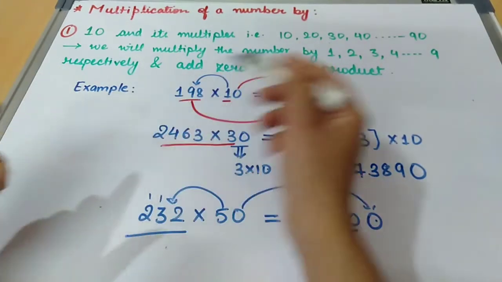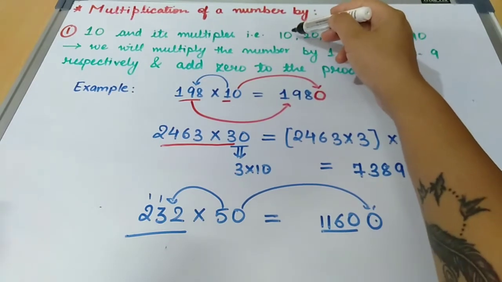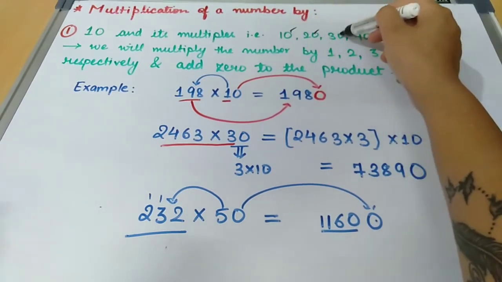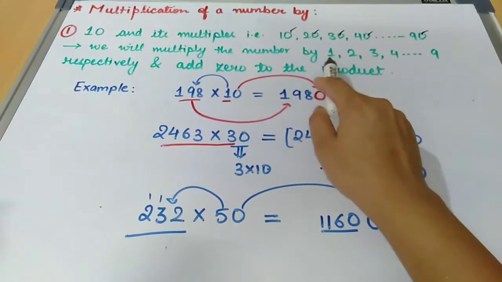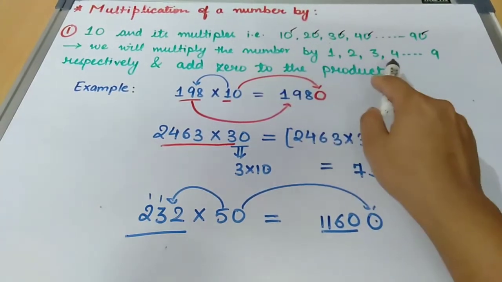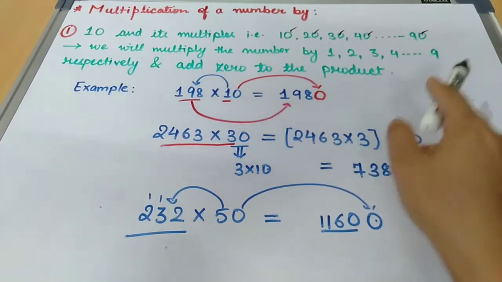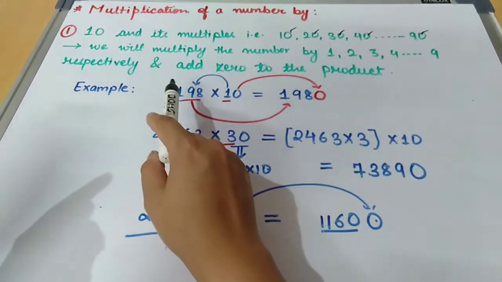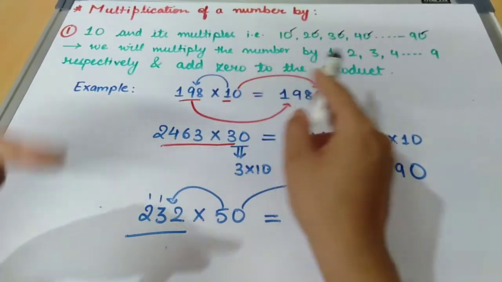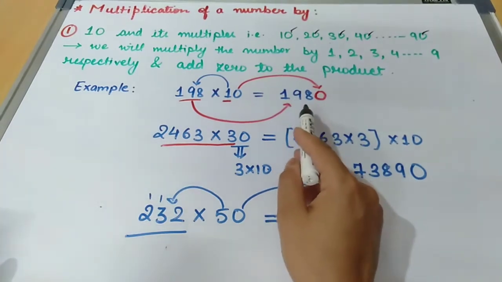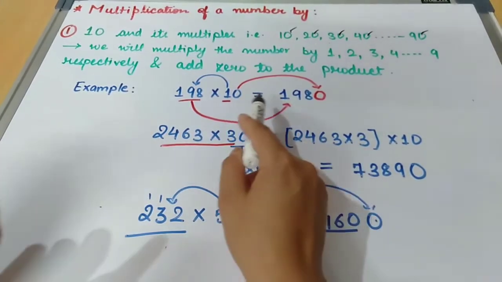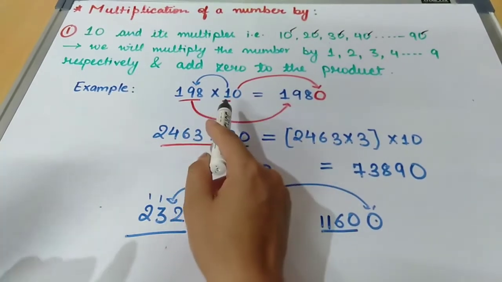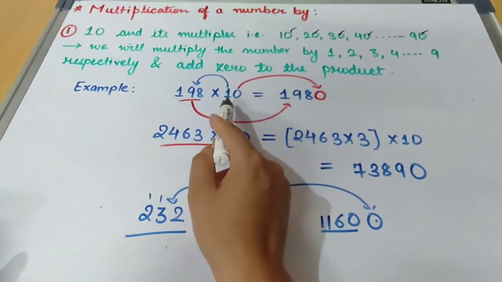Basically we will leave the zeros and multiply by the other digits respectively. Then we add the zero to the product. Whatever product we get, at the end we write that zero. So you don't have to directly multiply; you can just leave the zero and multiply by the other digits.